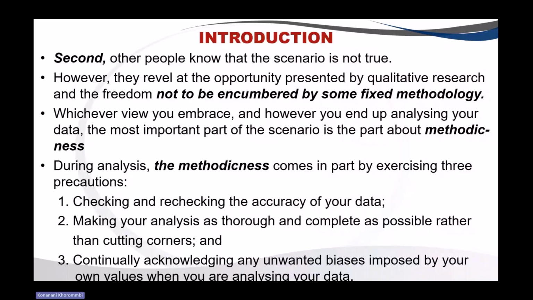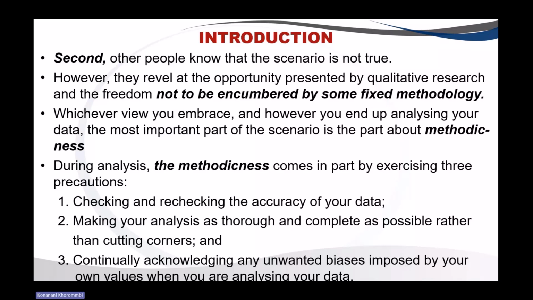For example, during analysis, methodicness comes in part by exercising three precautions. One, checking and rechecking the accuracy of your data so that you eliminate bias. Don't be selective and don't write data that is not accurate. So we ensure that by checking and rechecking.